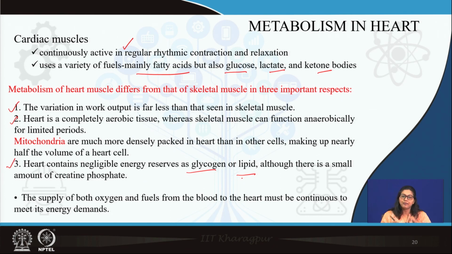So supply of oxygen and supply of fuels should be continuous in heart, or else what we know is the anoxic changes which we describe in myocardial infarction.